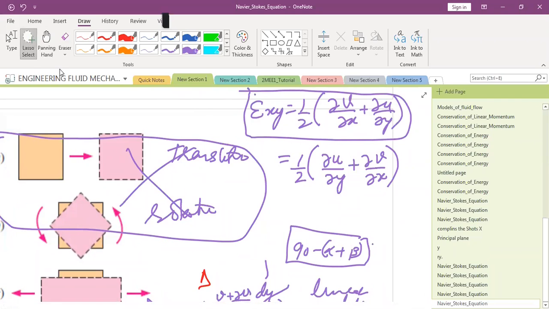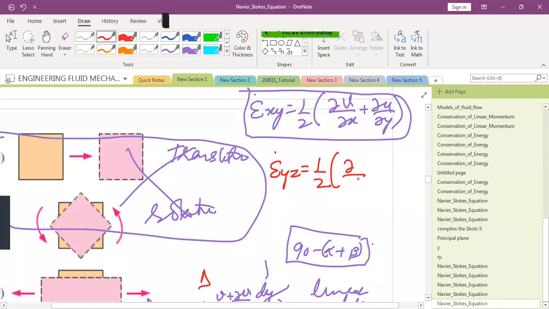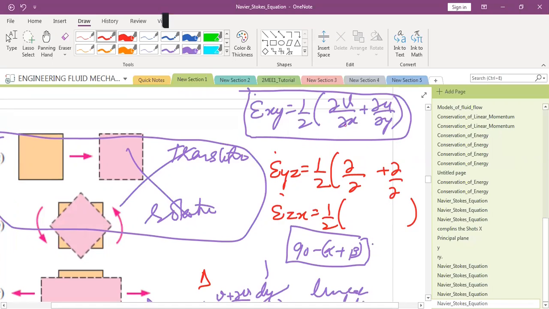Likewise, I can have it in yz and zx directions. So epsilon dot yz is equal to half curly, what should I write down here? Help me complete this. Likewise, zx also. Follow the cyclic order. It is xy, so here it should be yz.